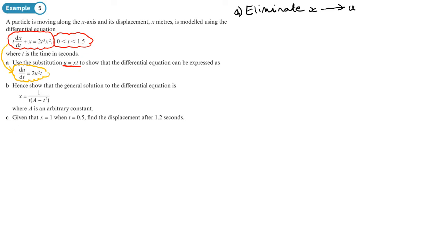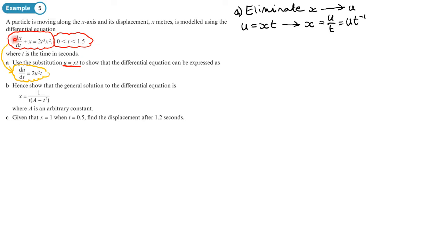So the substitution I've been given is u equals xt. So I basically want expressions in terms of x so that I can eliminate them. So if I rearrange this, I'll get x equals u over t, which I could also write as u t to the minus 1.